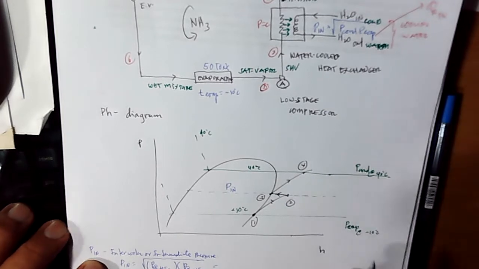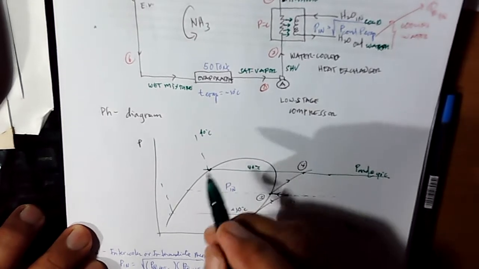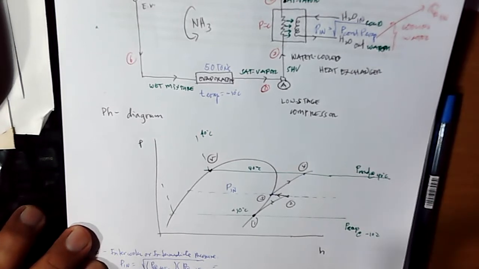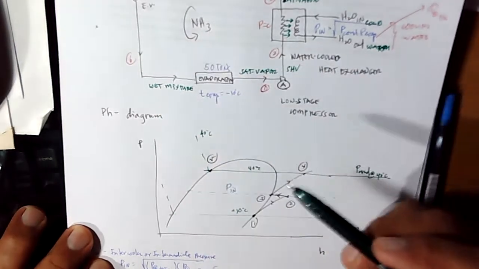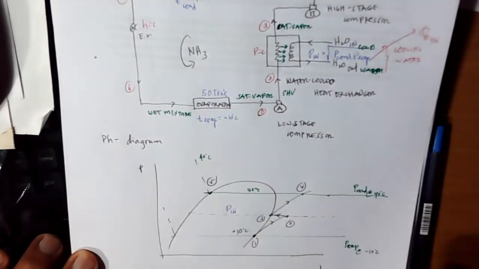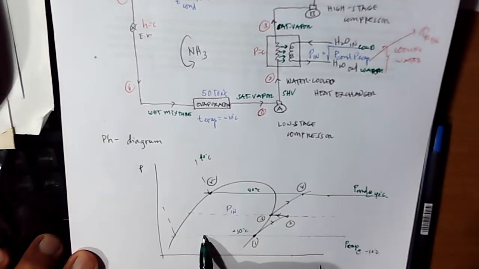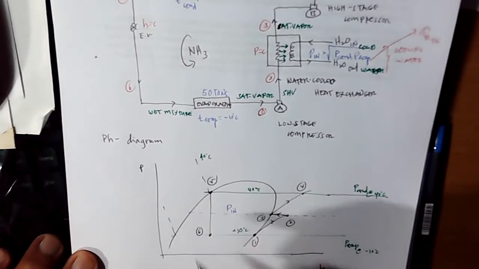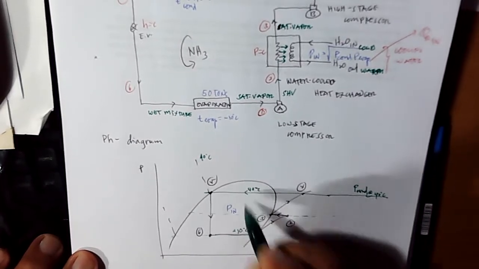And then there is a rejection of heat in your condenser, so that at point 5 it is once again saturated liquid. The saturated liquid enters the expansion device, and at constant enthalpy it will go straight down until it crosses the pressure corresponding to your evaporator at negative 10. This is now your point 6. So that is your process.